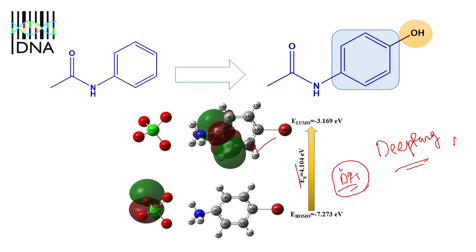pharmacophore model. Before going to DeepFrag, let me tell you how DeepFrag works. Here you can see that we have a benzene ring containing the amide. When we attach an OH group here, it is converted to a drug called paracetamol.